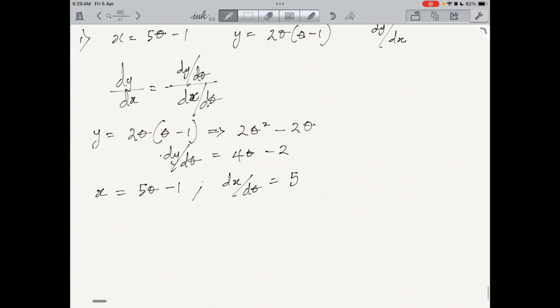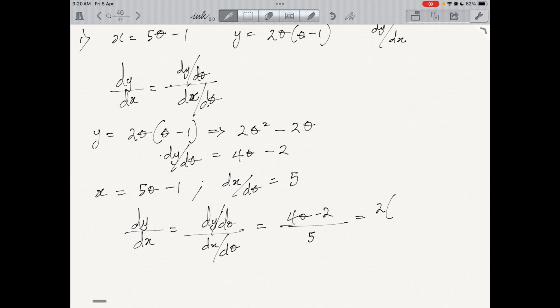So from the formula that says dy/dx is dy/dθ divided by dx/dθ, the dy/dθ is 4θ minus 2 and the dx/dθ is 5. So we can simplify further to factorize 2 in the numerator. That will give us 2 into (2θ minus 1) divided by 5.